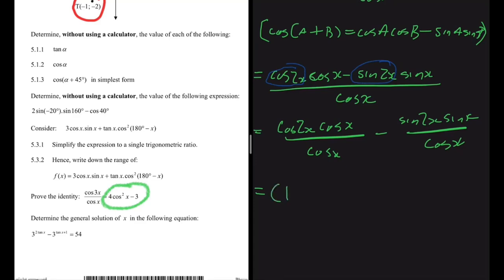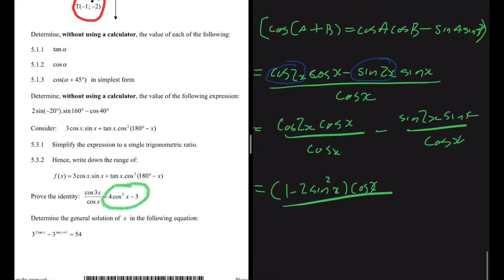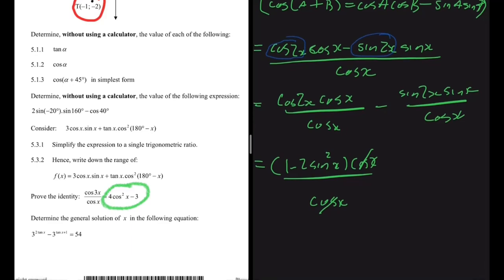So we're going to have 1 minus 2 sine of x squared multiplied by cos of x, everything divided by cos x. I'm sure you can see now that the division is falling away, right? We've gotten rid of it on this side.